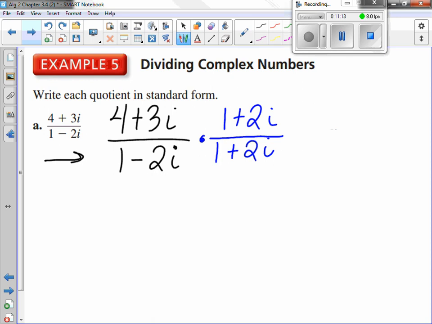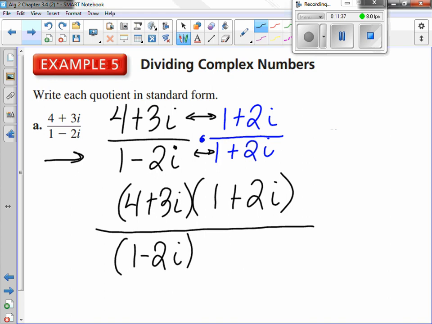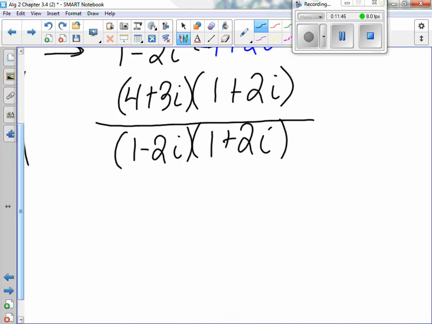So here, what am I really doing? I'm multiplying that fraction by what? 1, yes? It doesn't change its value. That's why we can do this. So when we multiply straight across, our 4 plus 3i is going to be multiplied by 1 plus 2i. And 1 minus 2i is going to be multiplied by 1 plus 2i.